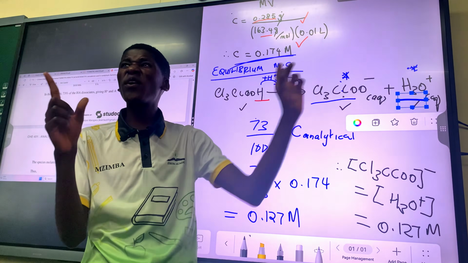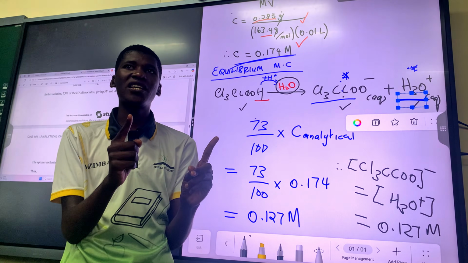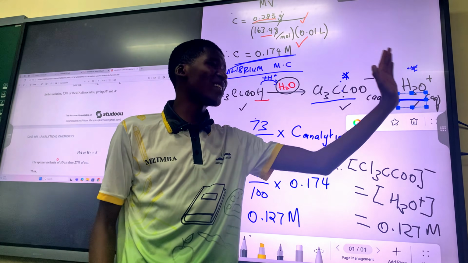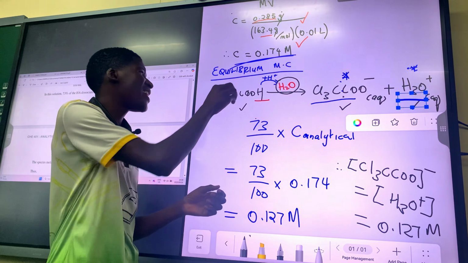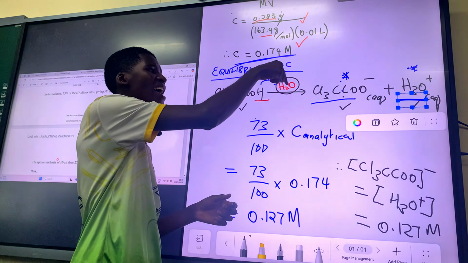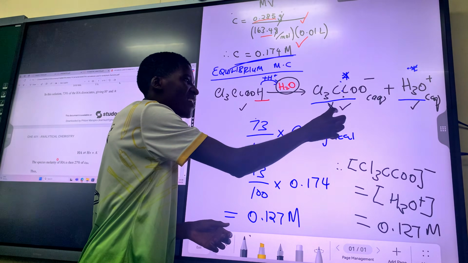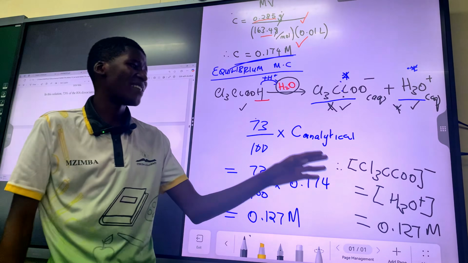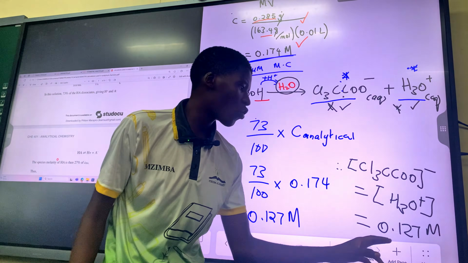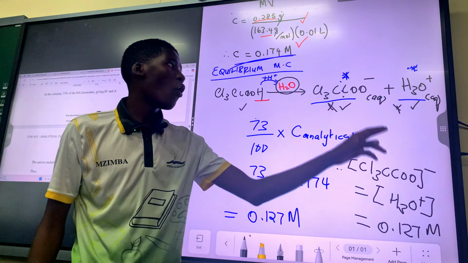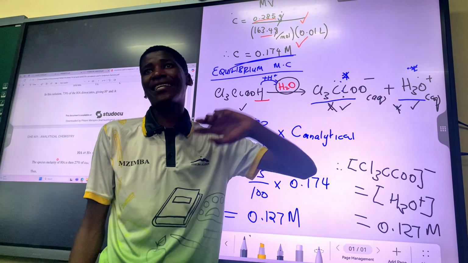So they will always have the same concentration, because they are creating each other in a sense. The donation of hydrogen means we have one of this and one of this. That's why 73% ionized means we have got 0.127 molar of this product and this product.